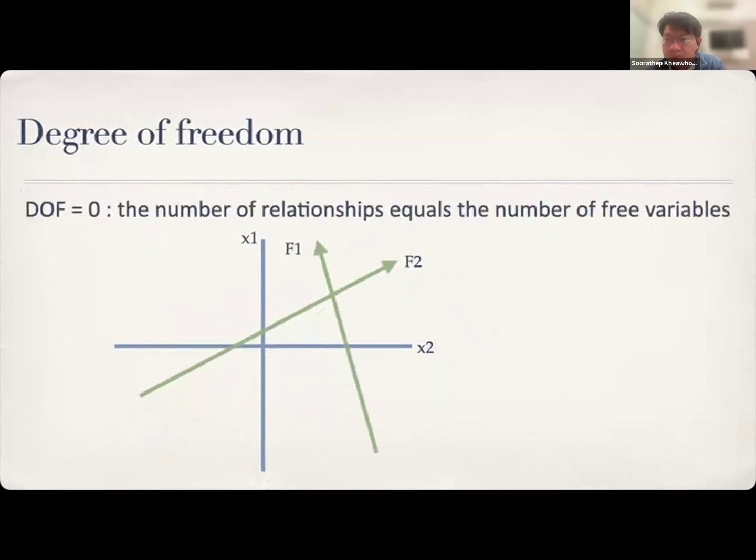What about degree of freedom equal to 0? If the degree of freedom is 0, it's not an optimization problem anymore because it's already defined. It is a system of equations. For example, in this case, we have two conditions, f1 and f2, both equality constraints, and two decision variables, x1 and x2.